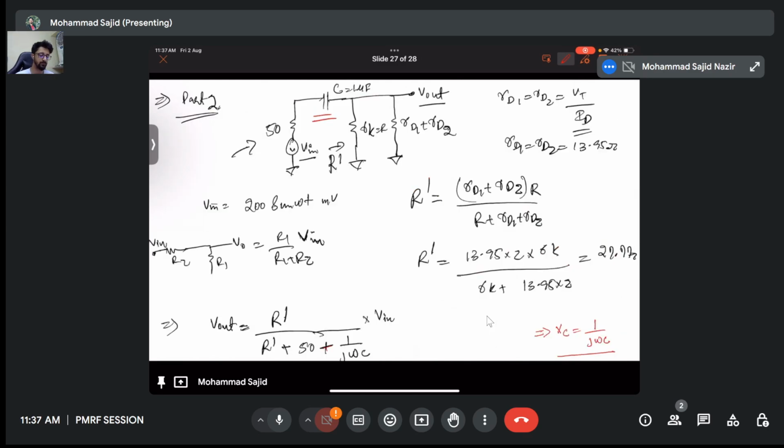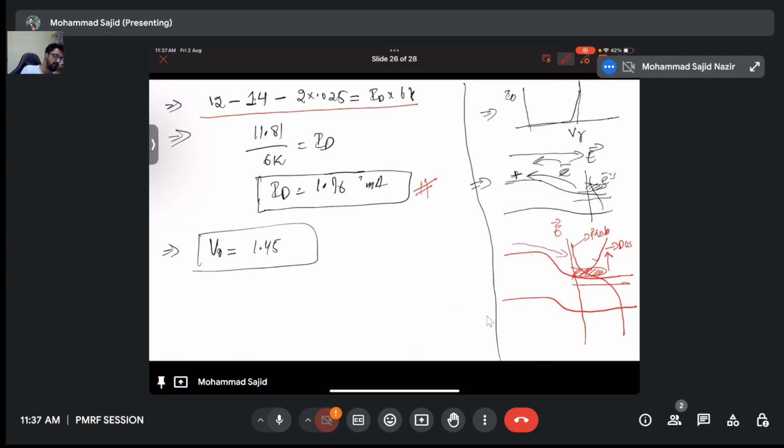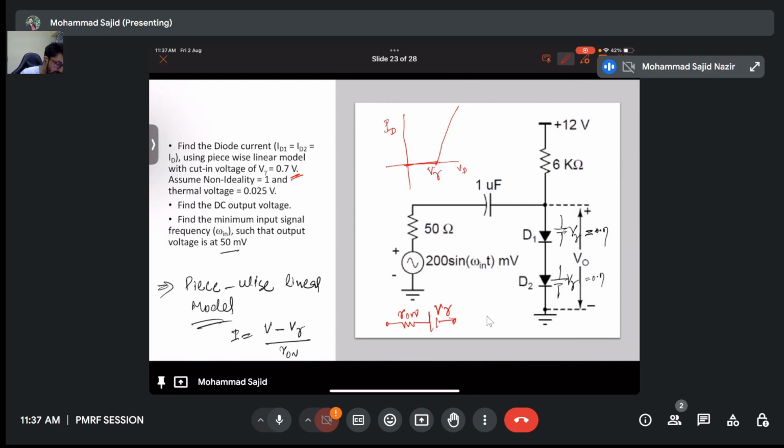Now part two. Part two is the AC part, and we have to find the input signal frequency such that the output voltage is 50 millivolt.